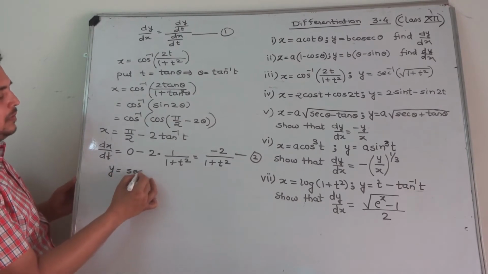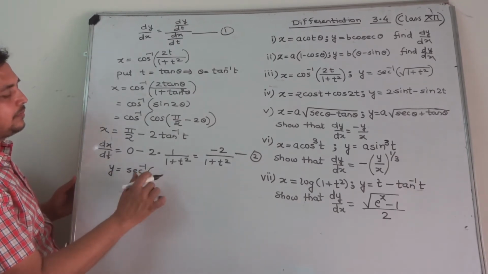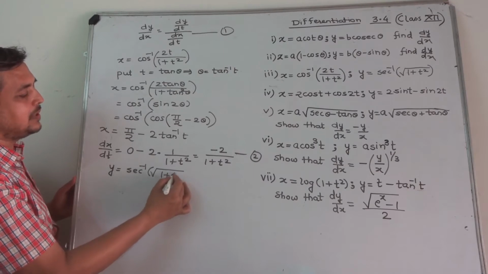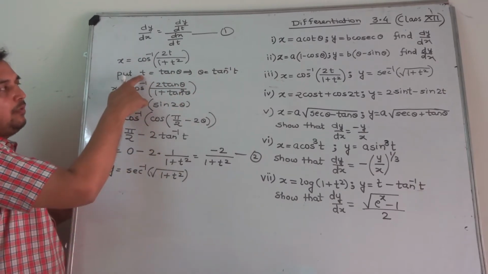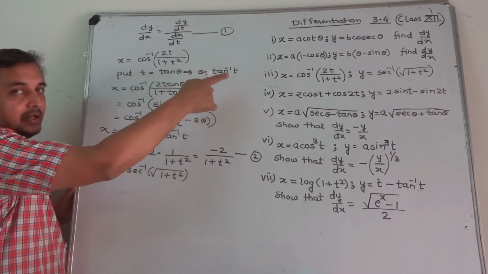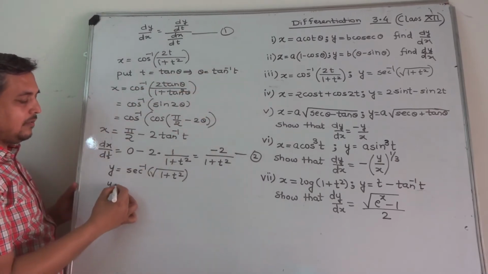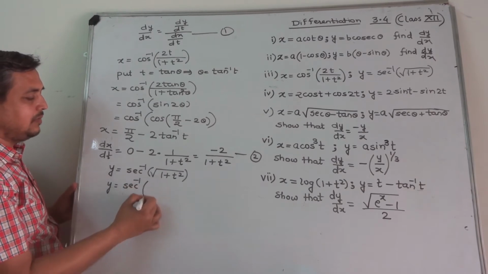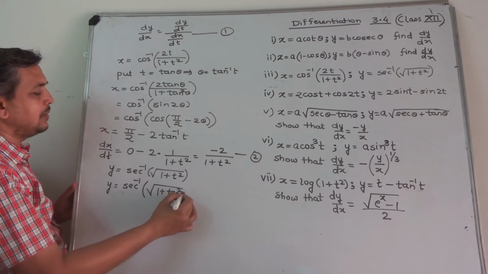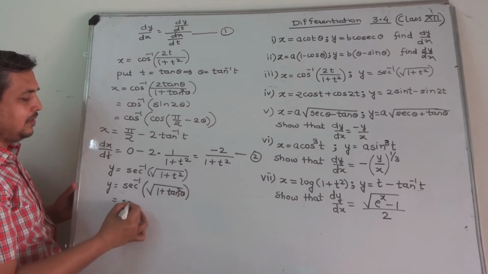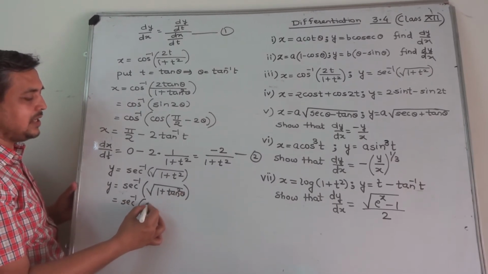y equal to sec inverse of under root 1 plus t square. I think the same substitution will do. If we put t equal to tan theta, theta equal to tan inverse t, y equal to sec inverse root of 1 plus tan square theta. What is 1 plus tan square? 1 plus tan square is sec square theta.